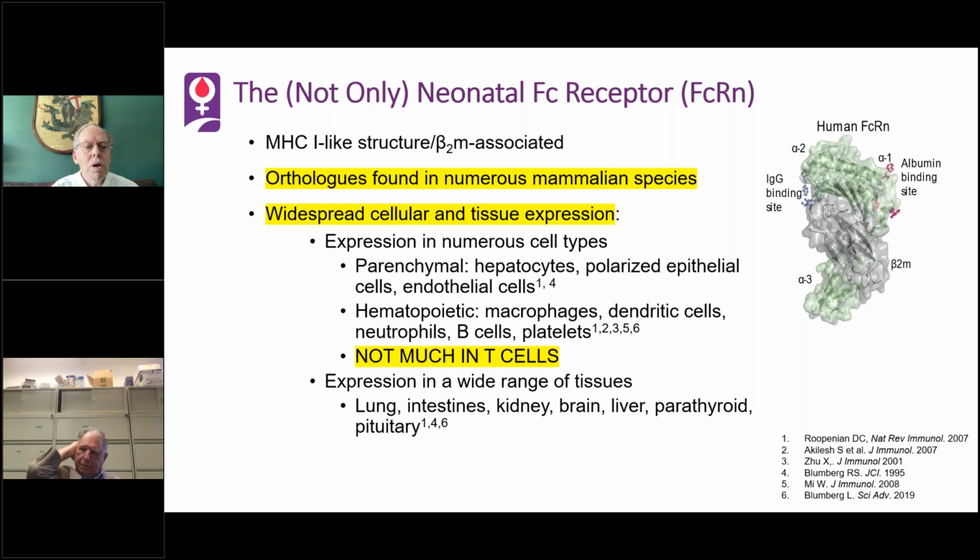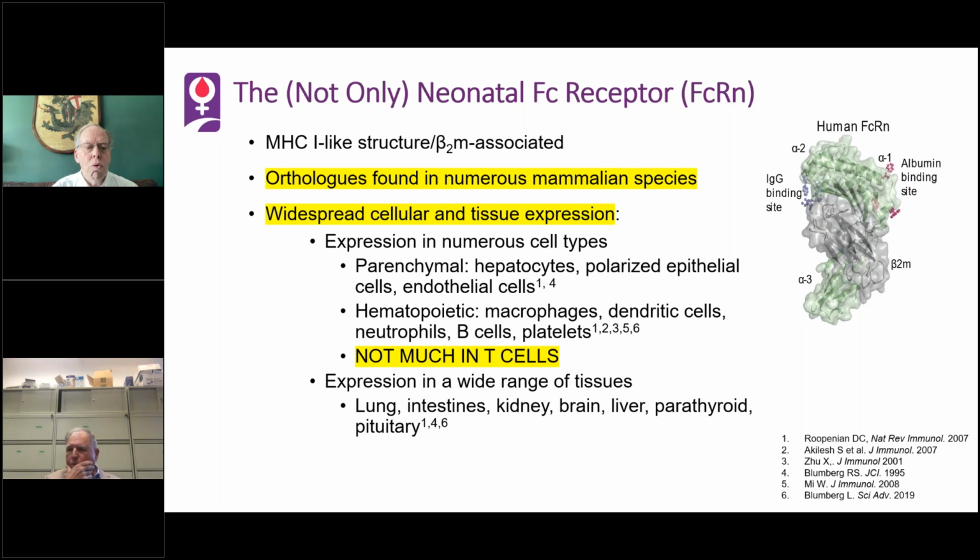Now, this is not only of use as originally conceived in the name, in transferring IgG from the mother to the fetus, or not to the fetus, excuse me, to the newborn, either through the placenta as a fetus, which happens in humans, or through the intestinal lining, which can happen with breast milk, but that's particularly dominant in certain species like mice.